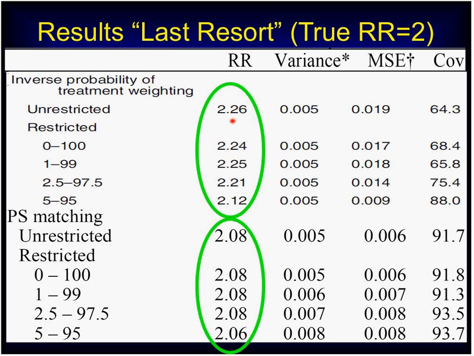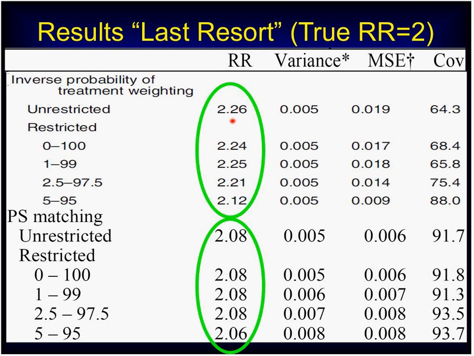If you think about how the IPTW weights are calculated, so 1 over the propensity score in the treated, it's easy to see that the people with the lowest propensity score, close to 0 probability of treatment, get the highest weights because you're dividing by a very small number.